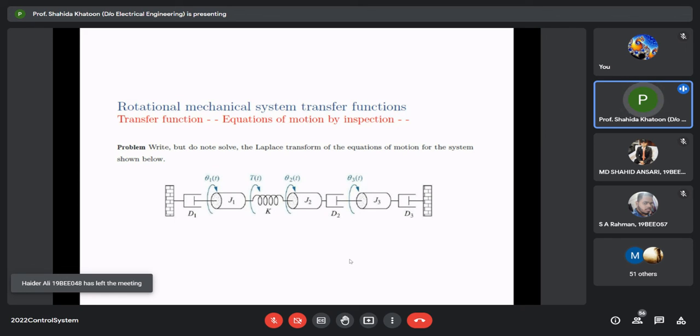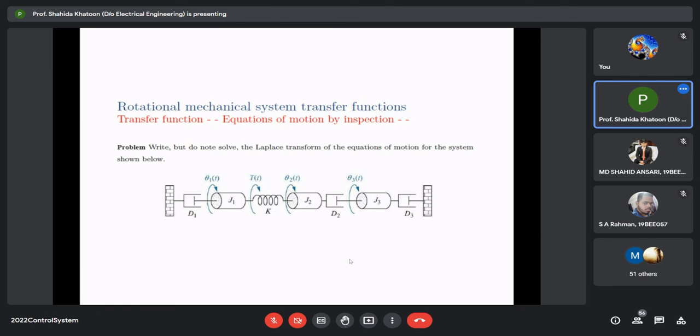So now solve this problem. Find out the equation of motion by inspection. You have three bodies with inertia J1, J2 and J3, connected.